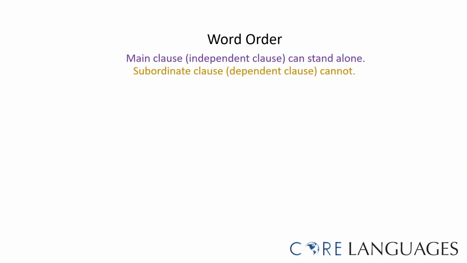A sentence consisting of a main clause and a subordinate clause can begin with either one of them. Remember that the main clause or the independent clause can stand alone, and the subordinate clause cannot. The subordinate clause begins with a subordinating conjunction, then the subject, the verb, and the predicate, followed by a comma.